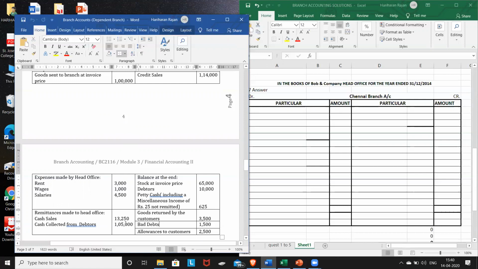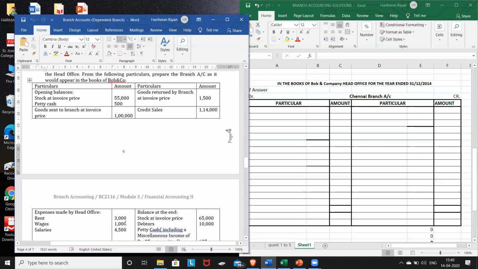Okay, let's look into the other information. Goods returned by the branch is 1,500, that is at invoice price. Credit sales 1,14,000. Balance at the end: stock at invoice price 65,000, debtors 10,000.